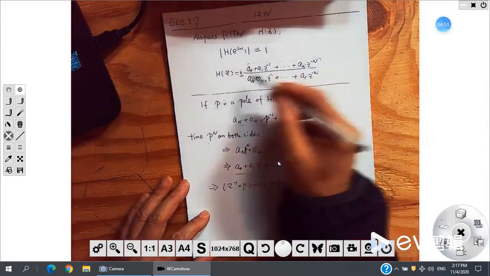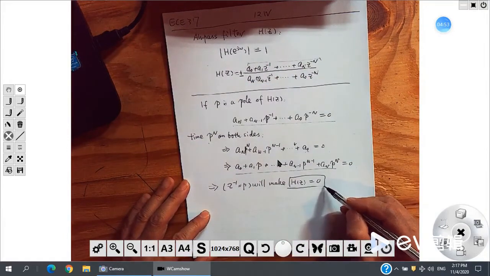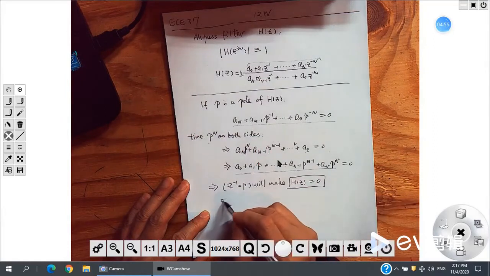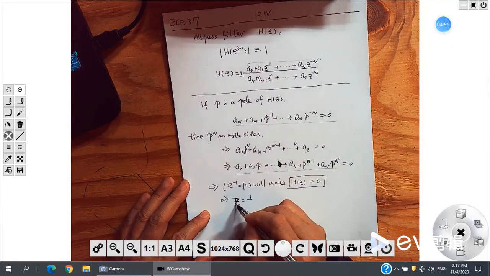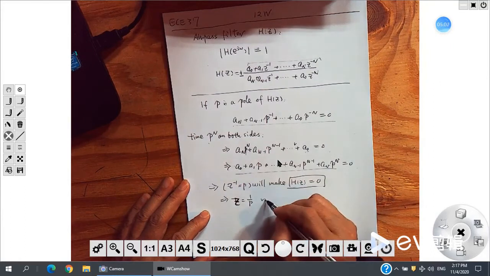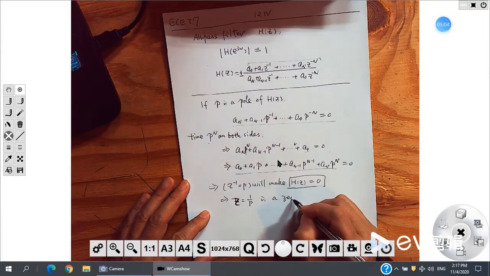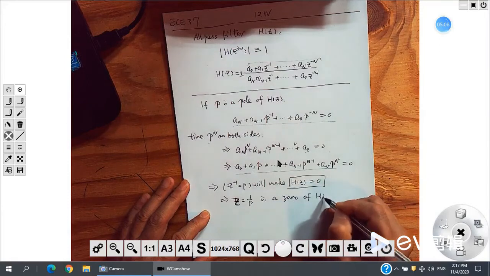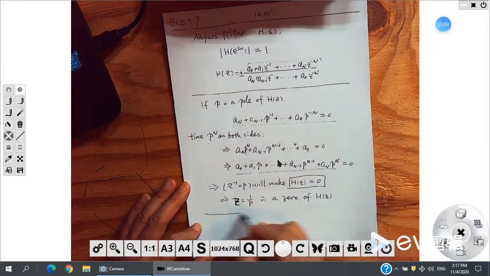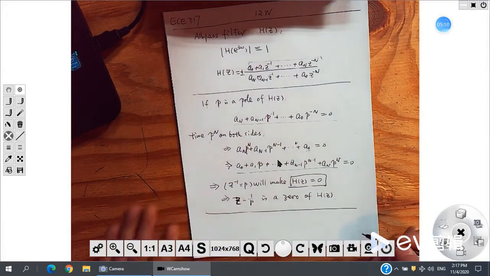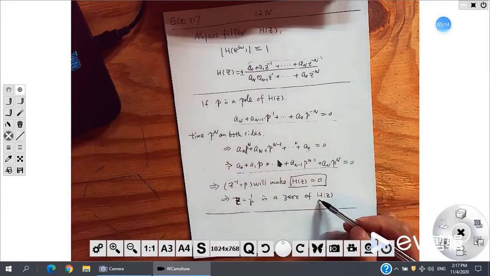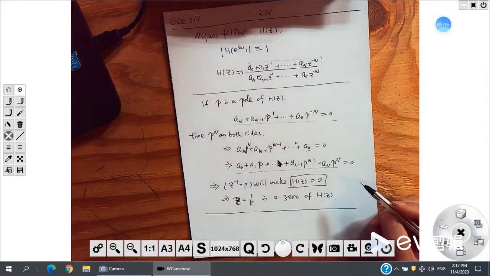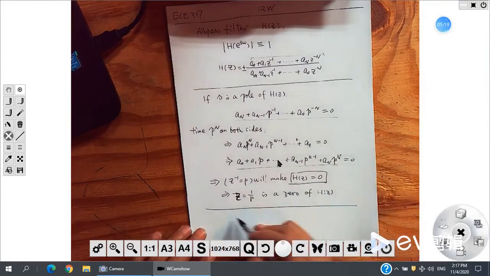The numerator is 0, the whole fraction is 0. That means Z equal to 1 over P is a 0 of H of Z. You see, if P is a pole, then 1 over P will be a 0 of H of Z.